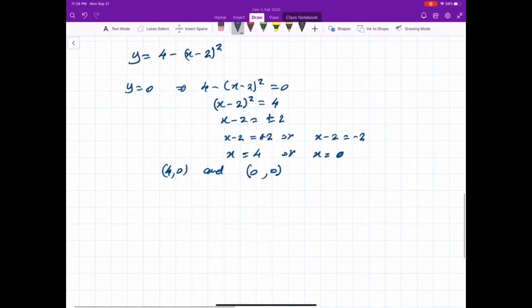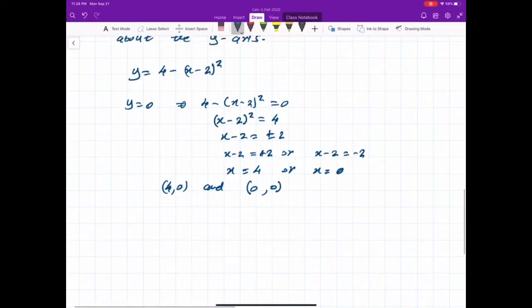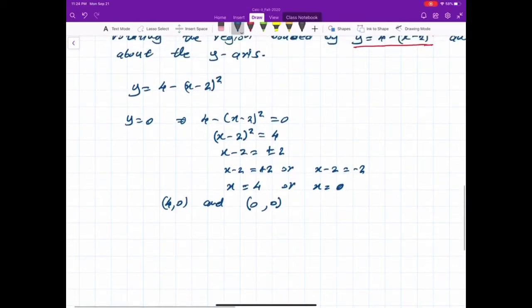Now I know 2 points, and then we have to find another point too. First we plugged in y equals 0. Now just plug in x equals 0 and find the corresponding value for y. Give me a second.